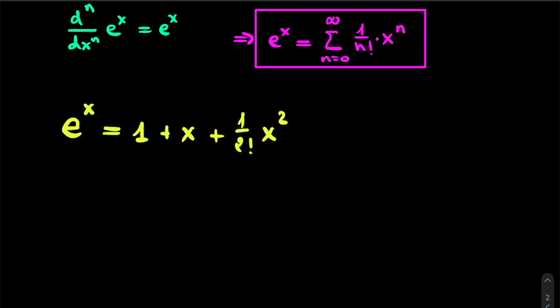These are the terms we already calculated, but we can now just go on. 1 over 3 factorial times x to the power of 3 plus 1 over 4 factorial times x to the power of 4 plus and so on, with each term adding to the accuracy of our approximation.